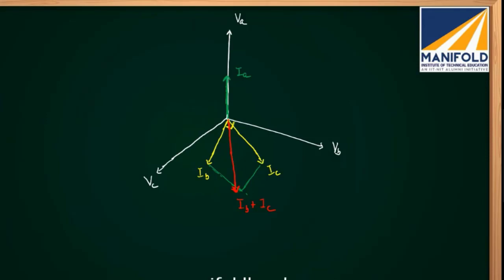So now, if the magnitude of phase A current exactly matches the magnitude of IB plus IC, since they are 180 degrees out of phase, the phasor sum of IA plus IB plus IC is becoming zero. Understand? That's why the neutral current has become zero. Okay.